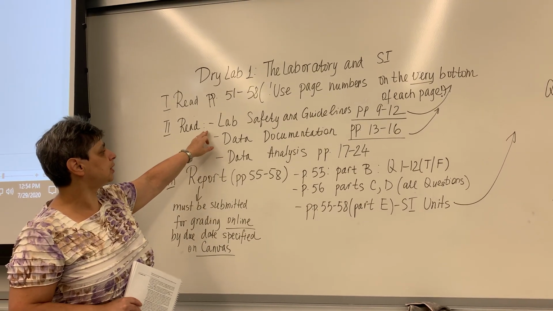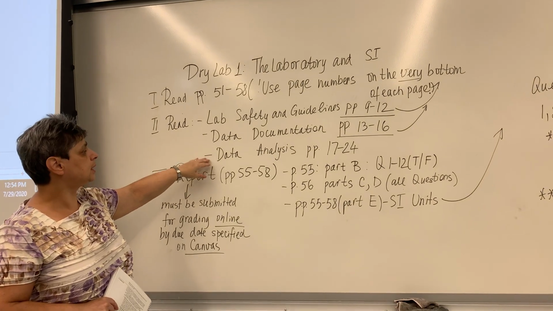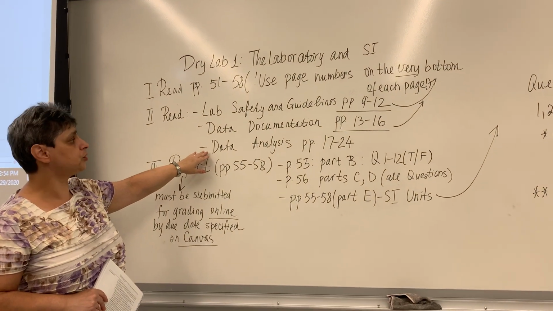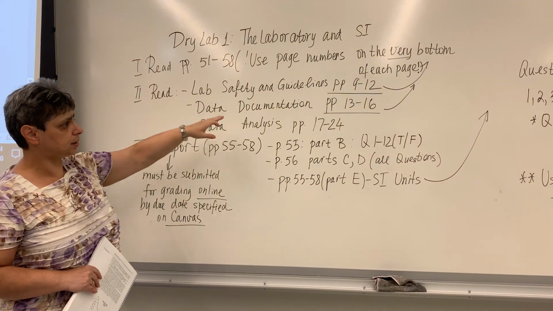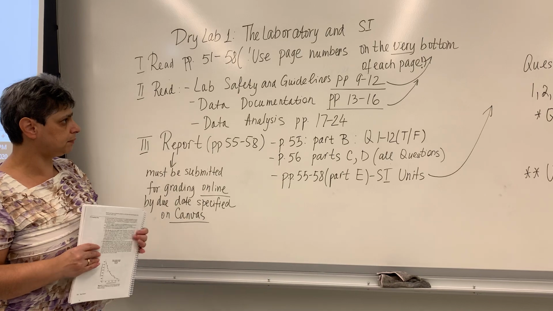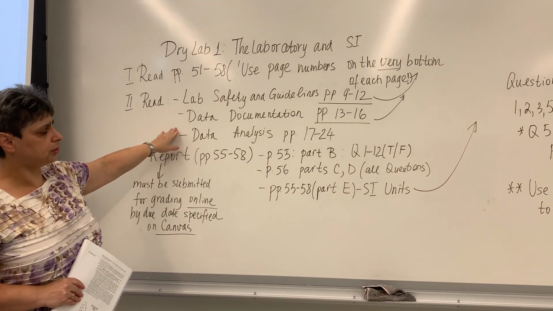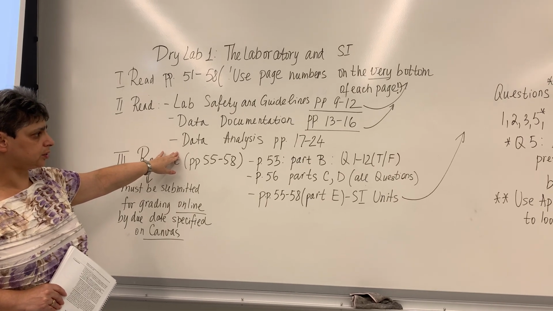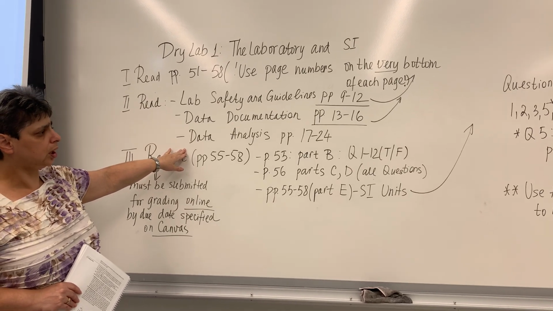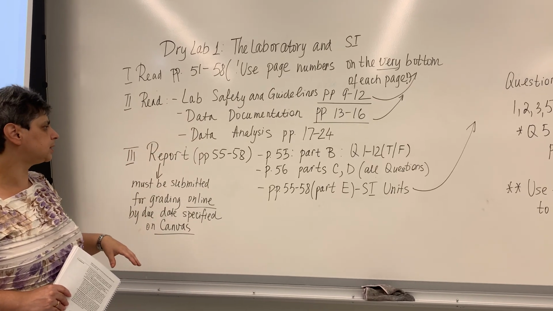There are also several other important chapters in the beginning of the lab manual that I'd like you to familiarize yourselves with. First one is Lab Safety and Guidelines, pages 9 through 12. Second is Data Documentation, pages 13 through 16. And then there's also Data Analysis on pages 17 through 24. As you can see, some reading to do, but not very many pages.